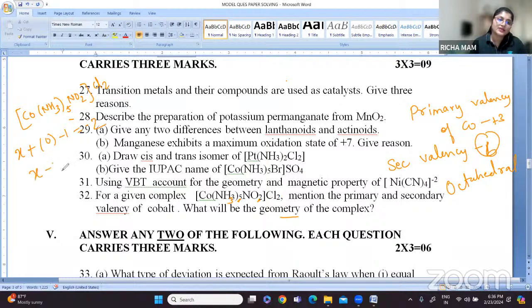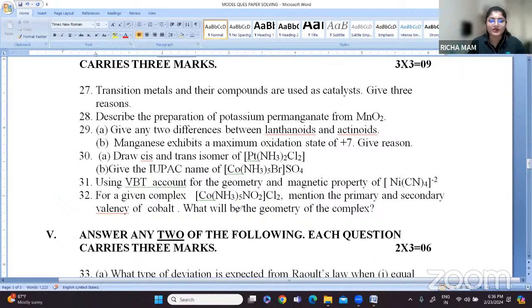So x minus 1 equals -2, this becomes +1 and the charge is 3 here. The secondary valency is 6, so the geometry will be octahedral. For primary valency, if you write it correctly, 1 mark. For secondary valency, 1 mark. And for the geometry, 1 mark.